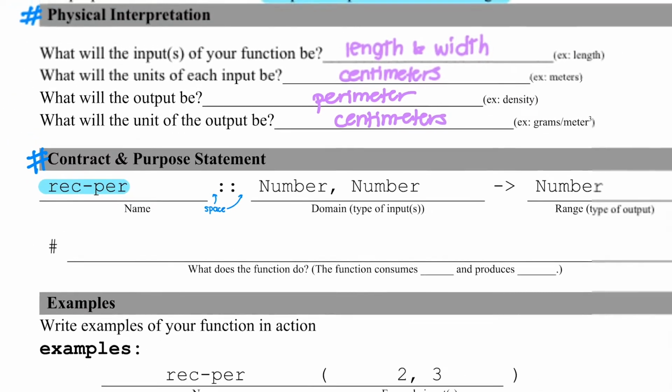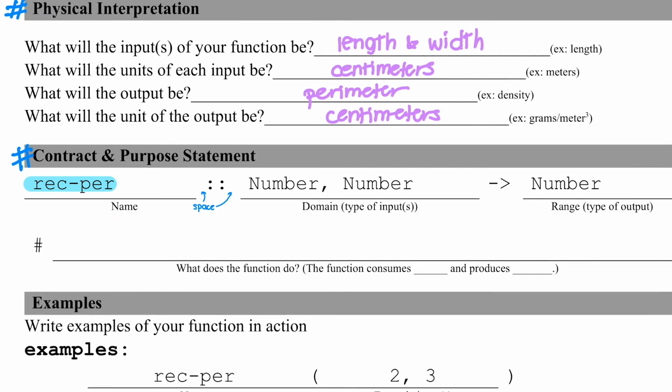The data type of our first input is going to be a number, and the data type of our second input is also going to be a number. Lastly, our output will be perimeter, which has a data type number. And remember, data types are always capitalized.